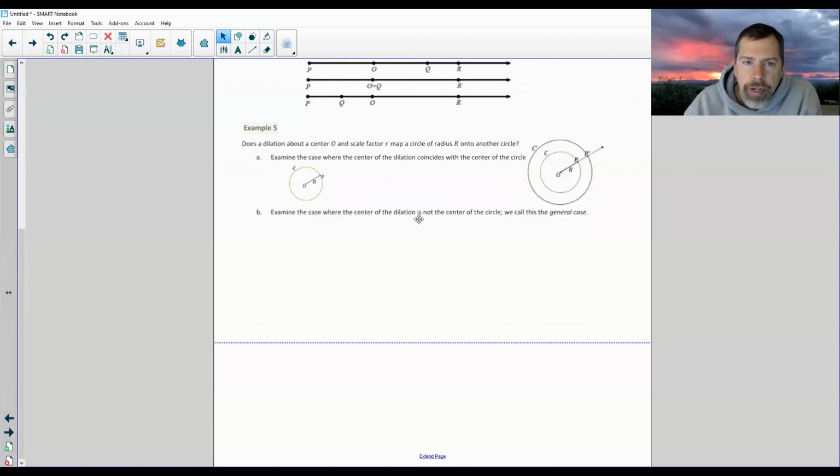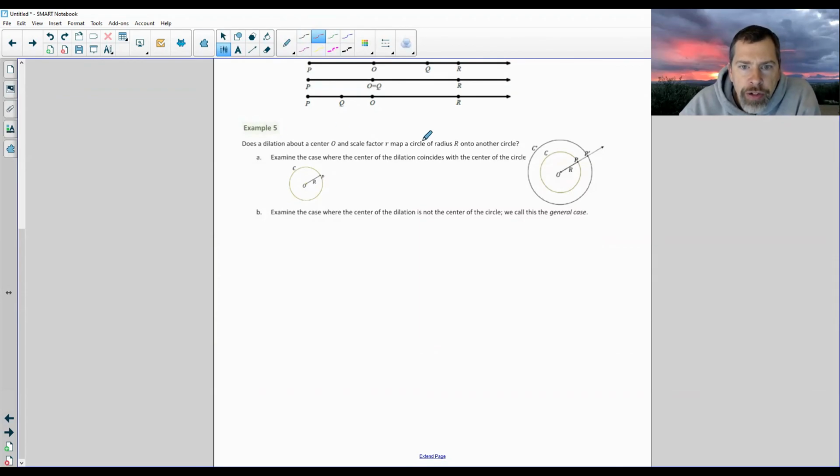Okay, so here are the 2 diagrams that I brought in to explain this. So does a dilation about center O and a scale factor r map a circle of radius R? So here is circle O, radius R, point P on the ray OP. Examine the case where the center of dilation coincides.